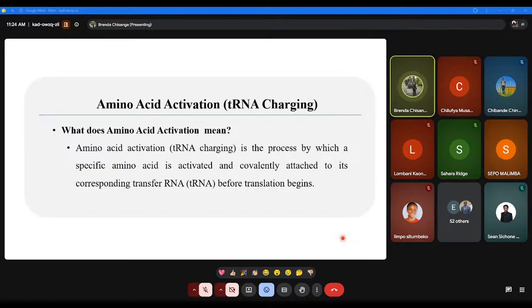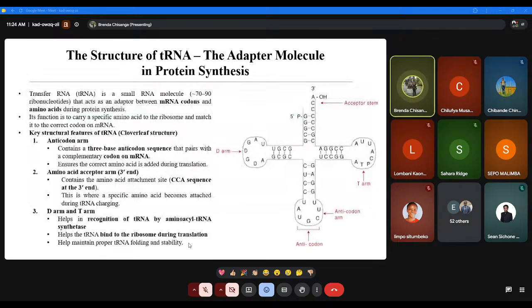What this means is that before we can even initiate translation, something has to be done. And that something starts with selecting the correct amino acid. So before we look into how this amino acid is selected, we need to understand who is selecting this amino acid. We need an adapter.